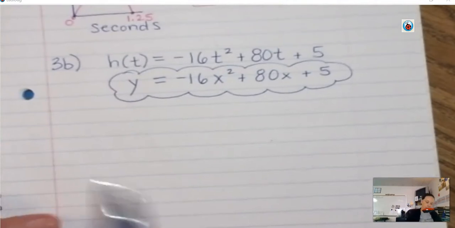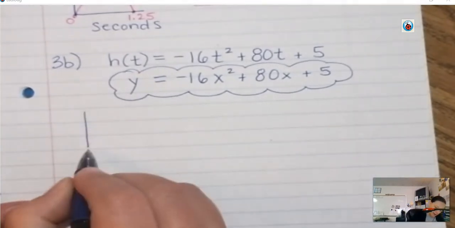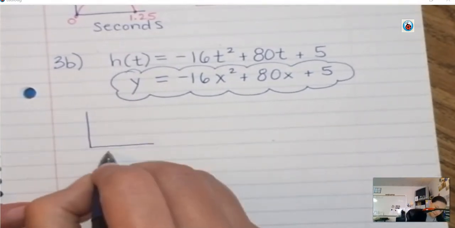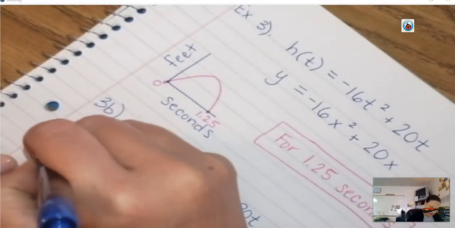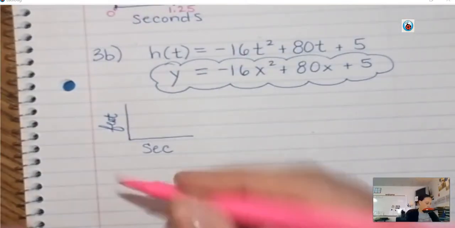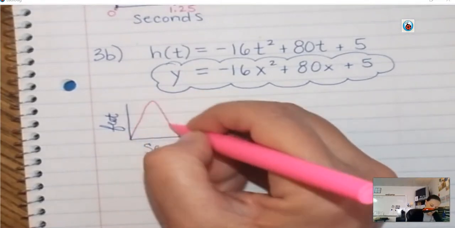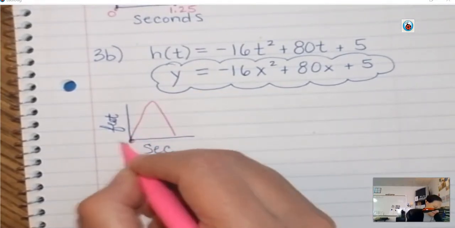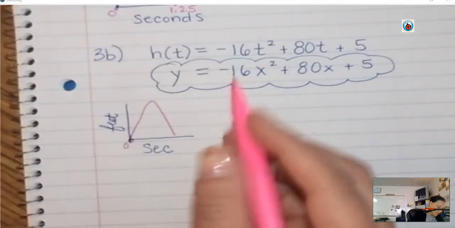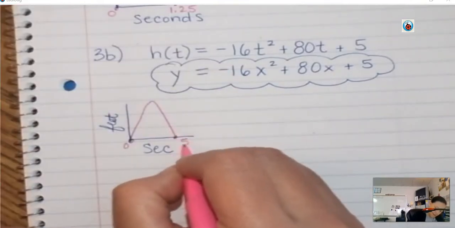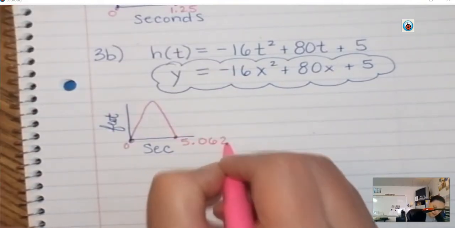Okay, if you want to sketch out what that kind of looks like, you can. This is time in seconds, and this is height in feet again. Oops, might help if I spelled it right. And this one hits at 0 seconds, and then it hits at 5.062 seconds.